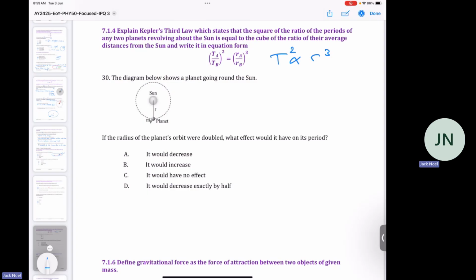If you are increasing the radius of the orbit, then the period also will increase, because the square of the period is proportional to the cube of the radius of the orbit. So yeah, done. It would increase.